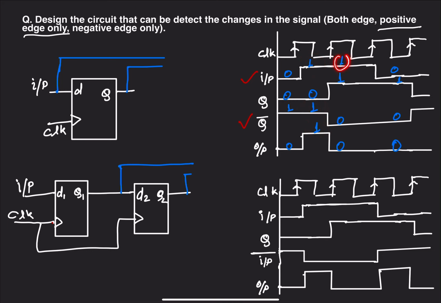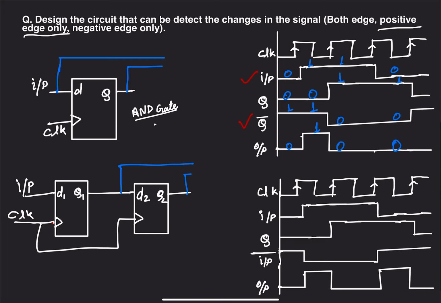When input is 1 and Q bar is 0, output is 0, and when input is 0 and Q bar is 0, then output is 0. It means it is the functionality of an AND gate.